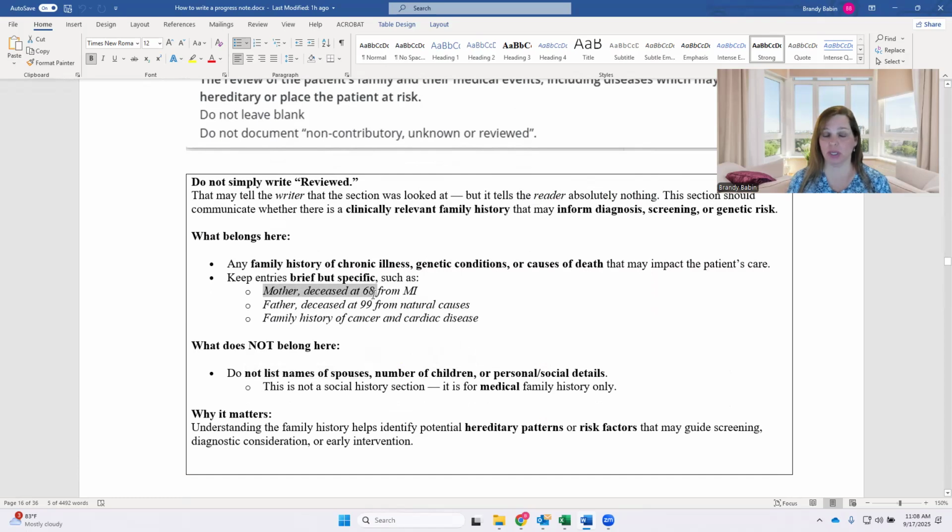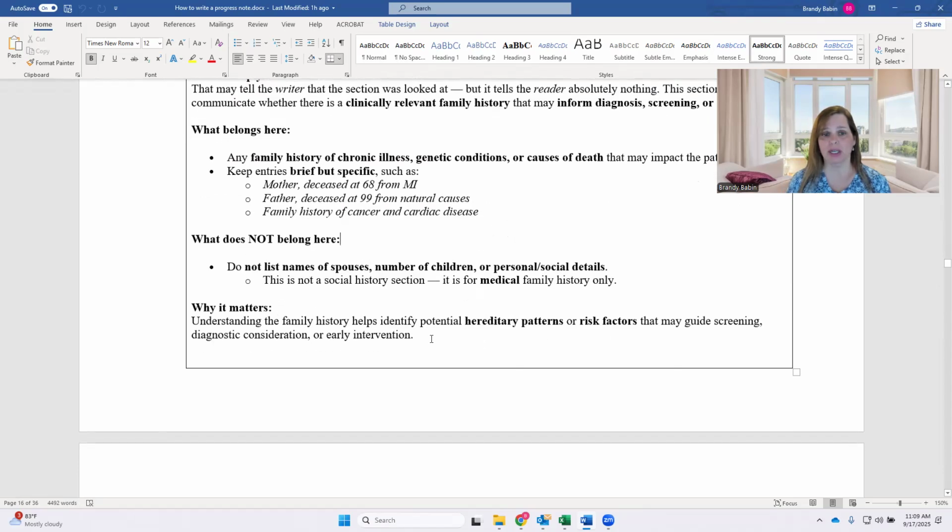I ask them how old they were when they passed away, and then I ask them what they died from. Same thing with the father. And then I ask, is there any history of cancer, cardiac disease, diabetes, hypothyroidism, or thyroid disease? And then as a psych NP, I ask them, is there any psychiatric diagnoses in your history? And they're all too happy to say, well, I think my mom was bipolar. You're asking if they've been diagnosed as that. But those are important things to be under your family history.